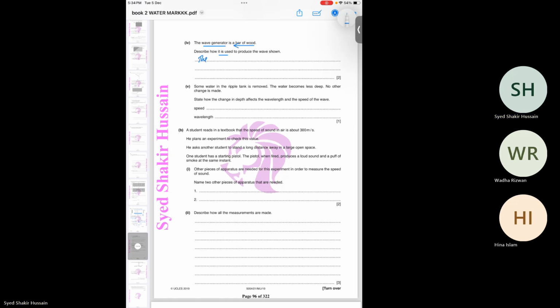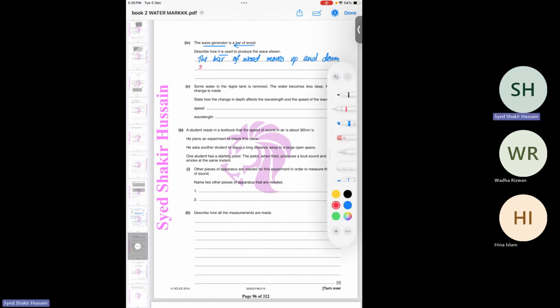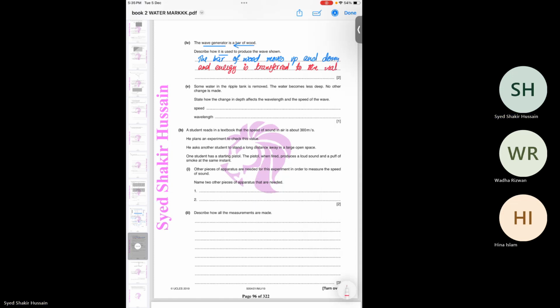The bar of wood moves up and down, and energy is transferred to the water particles, forming a wave. This is a complete answer, right?